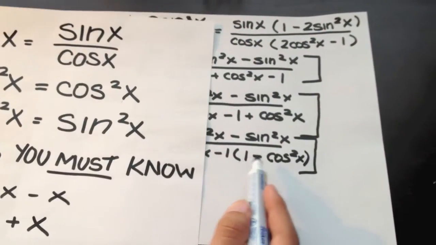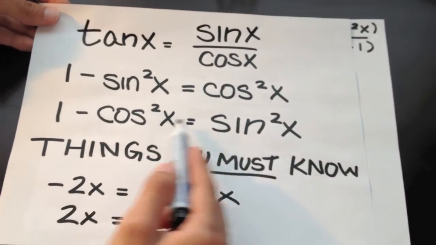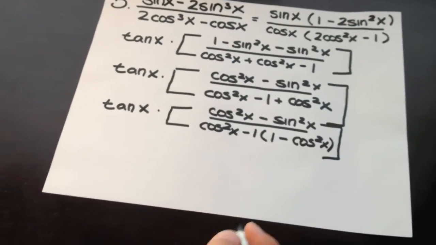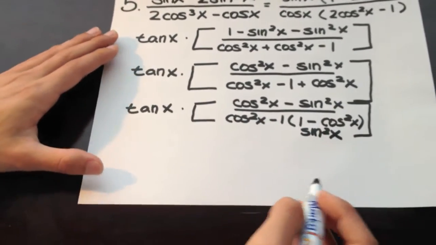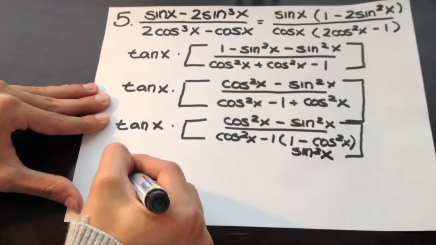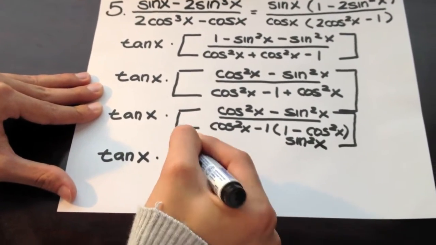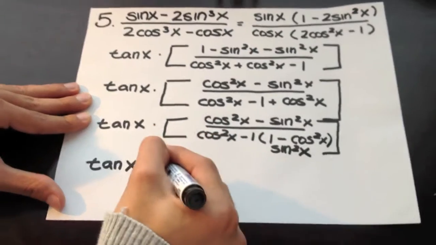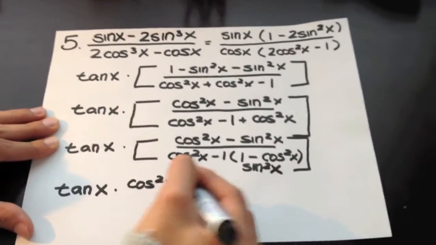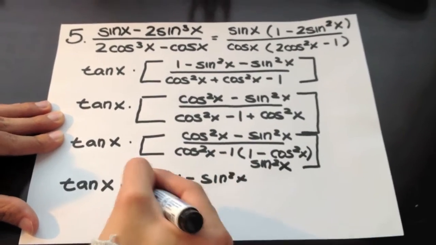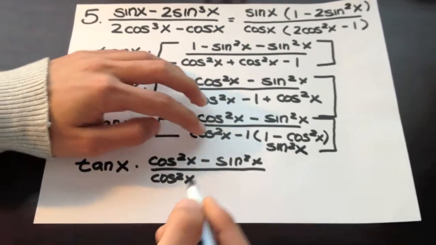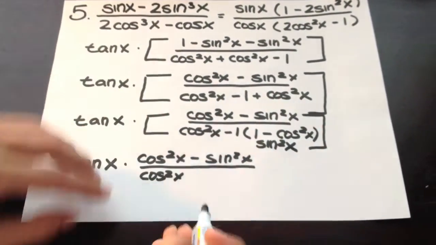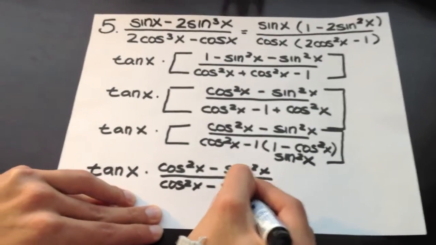If you recall from your trigonometric identities, you'll notice that 1 minus cos squared of x is the same as sine squared of x. So this is actually the same as sine squared of x. You can rewrite this as tan of x times cos squared of x minus sine squared of x over cos squared of x, and negative 1 times sine squared of x is the same as negative sine squared of x.